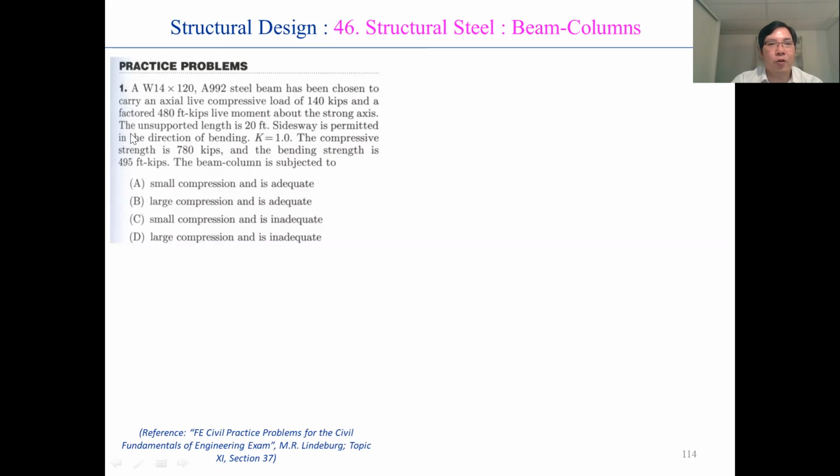The unsupported length is 20 feet. Sidesway is permitted in the direction of bending, K equal to 1. The compressive strength is 780 kips and the bending strength is 495 foot-kips. So the question is: the beam column is subjected to what, between options A, B, C, D?